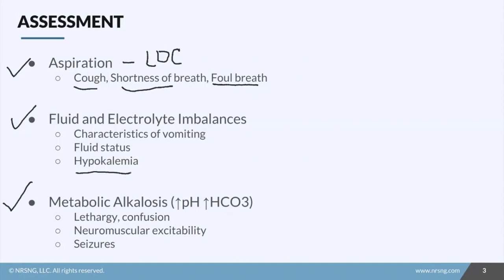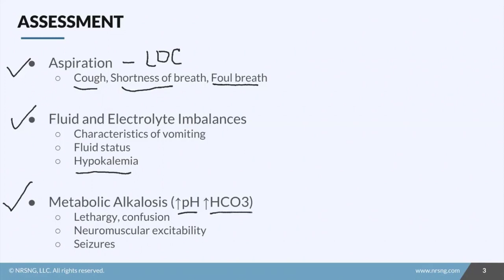Okay, so the last thing here that we really want to be on the lookout for is metabolic alkalosis. Metabolic alkalosis can occur with excessive vomiting, and this is because hydrogen ions are being lost every single time the patient vomits up that acidic stomach content. And this creates a less acidic, more alkaline environment in the body. So you have an increased pH and an increased bicarb.